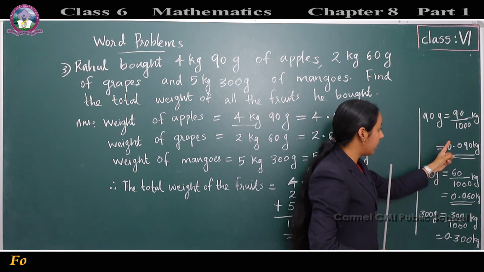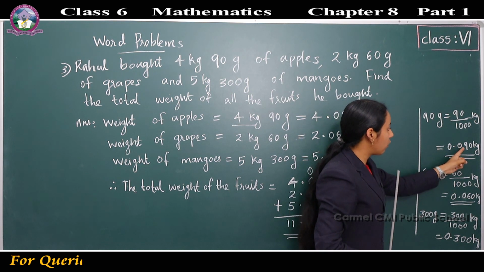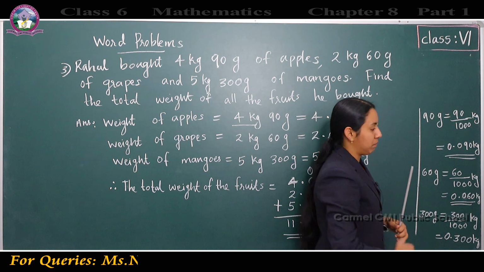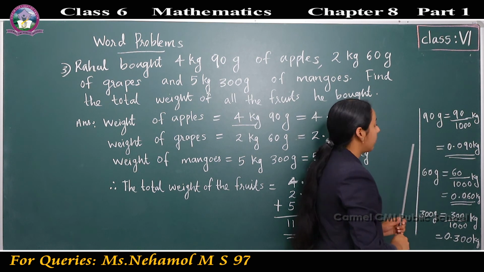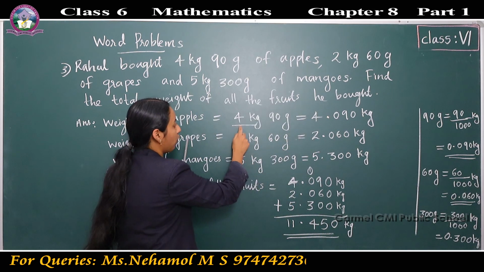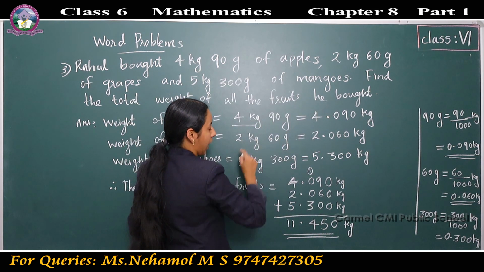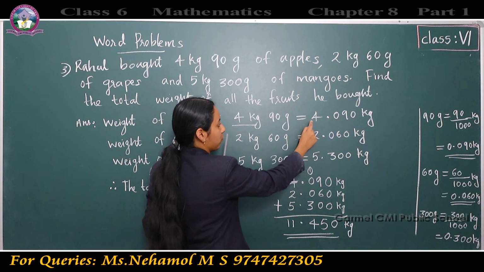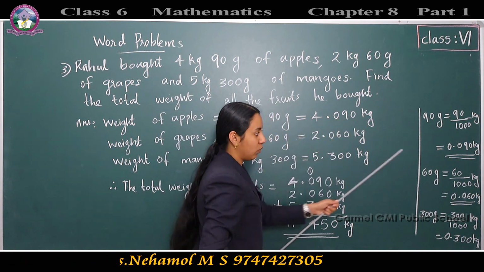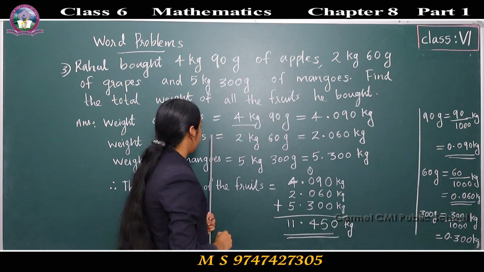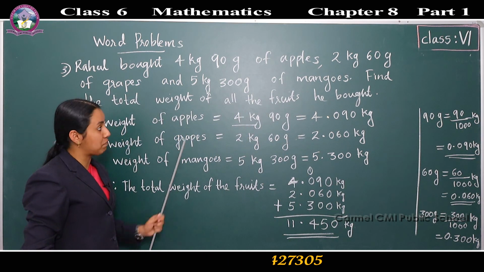Then what is the answer? 0.090 kilogram. 1, 2, 3 zeros, 1, 2, 3 decimal places. So 4 kilogram, 90 gram is equal to 4.090 kilogram.